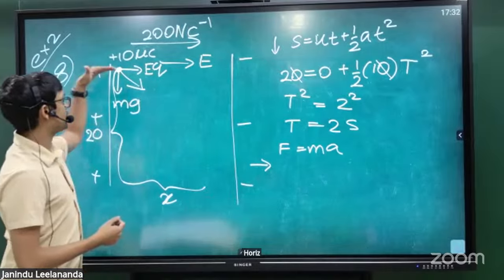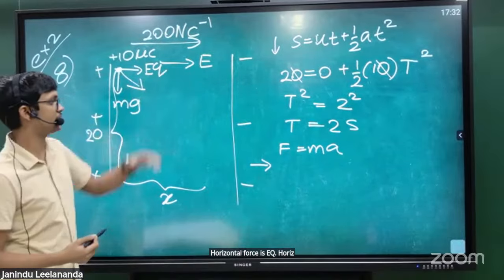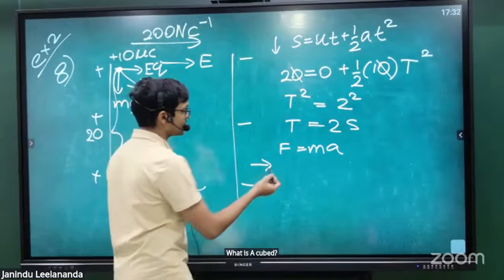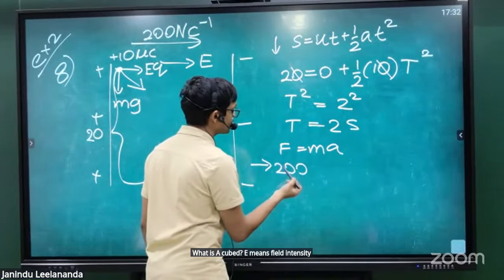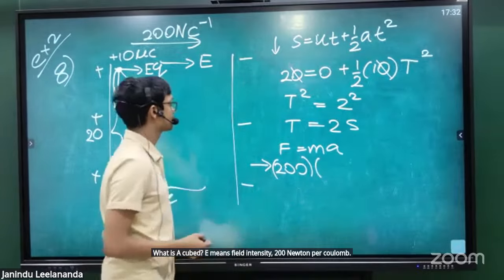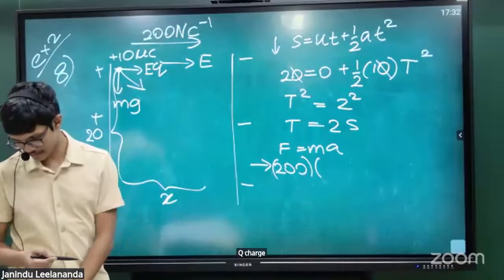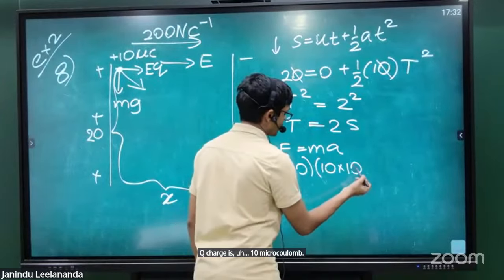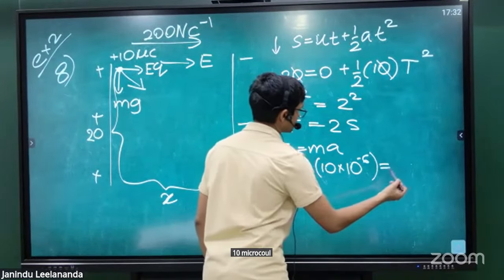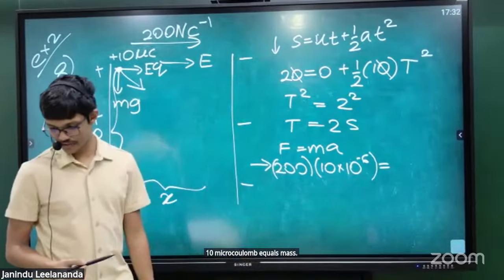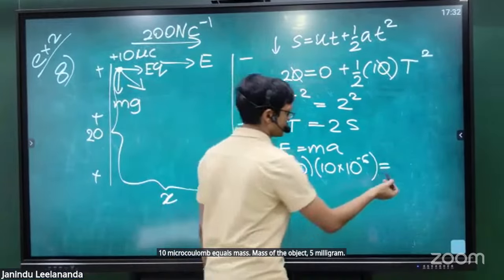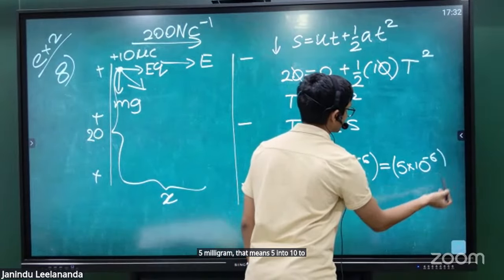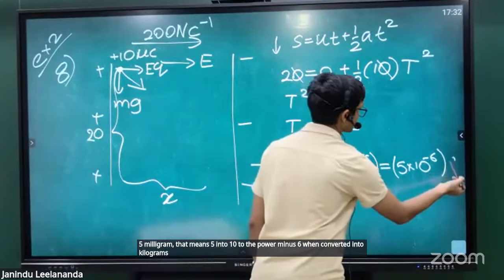Horizontal force is EQ. What is EQ? E means field intensity, 200 Newton per Coulomb. Q charge is 10 microcoulomb. Mass of the object 5 milligram, that means 5 into 10 to the power minus 6 when converted into kilograms, into a.